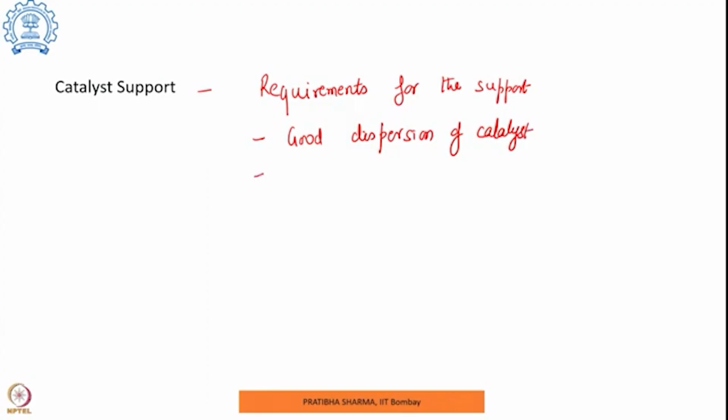It should stabilize the catalyst. It should ensure a high surface to volume ratio.